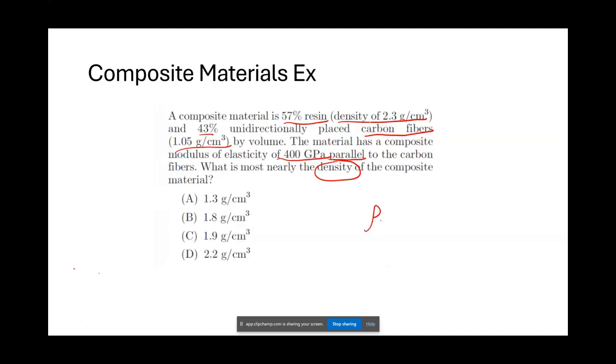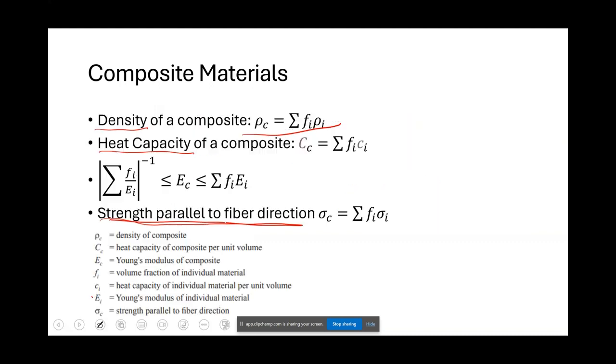So given rho C equals the sum of Fi times rho i, we can tell that we are given Fi, the volume fraction of an individual material, and the density.